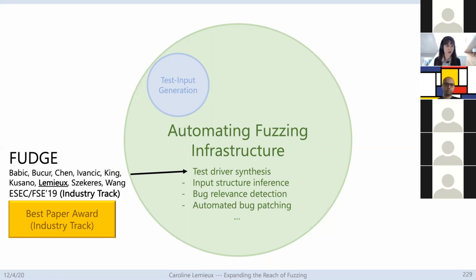There are a lot of interesting problems that emerge there because I actually started dipping my toes into this during my internship at Google, where I helped lead the development of the Fudge tool. What Fudge did is it automatically built test drivers for libraries that exposed a public API, but did not have a corresponding command line utility that we could easily fuzz.